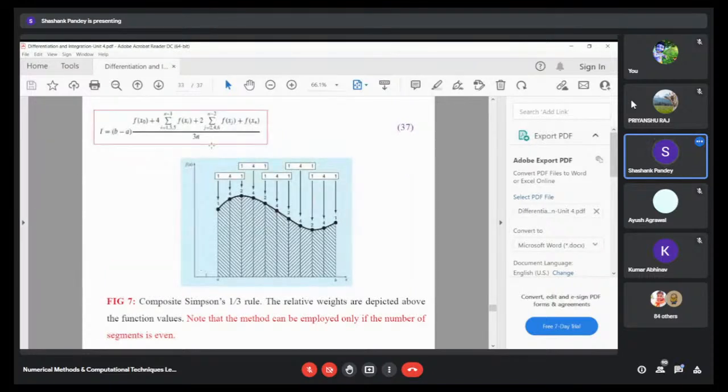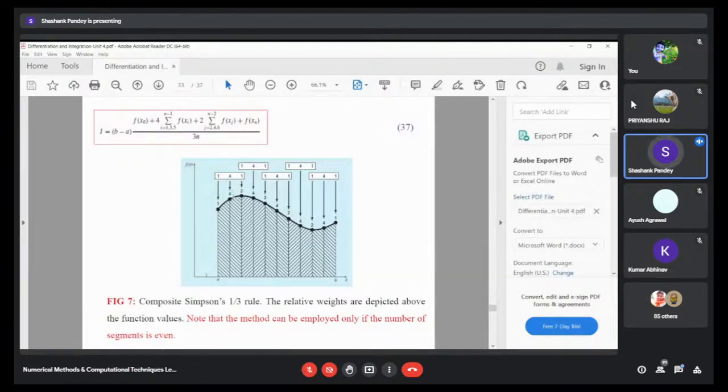You can see and correlate this with this figure. You see that we have given a weight of 1 to f of a, and multiplied with a factor of 4 this first point, and i and j represent the inner points.